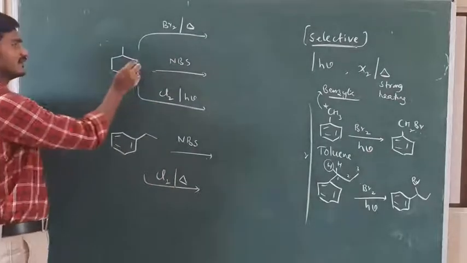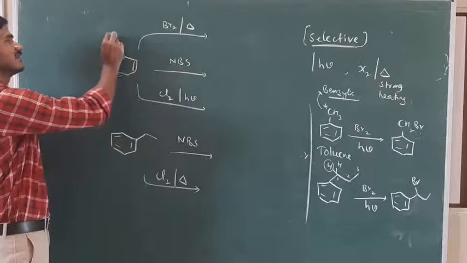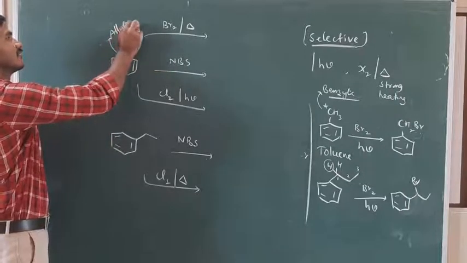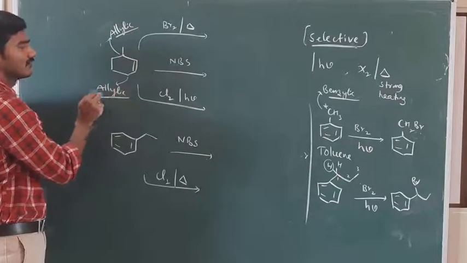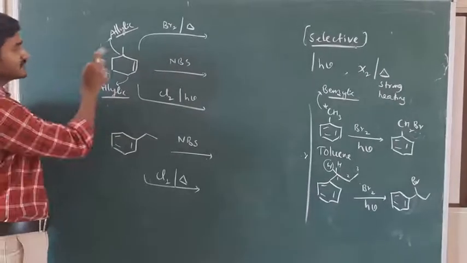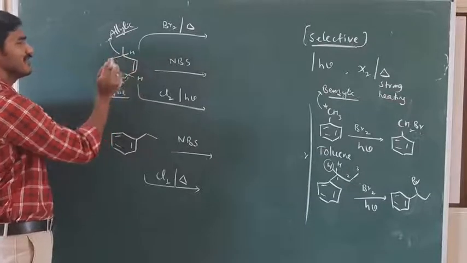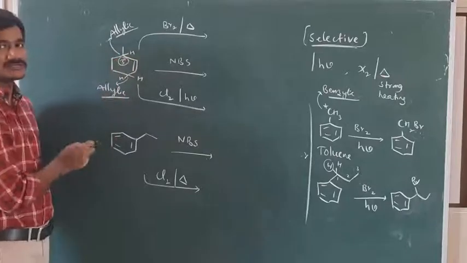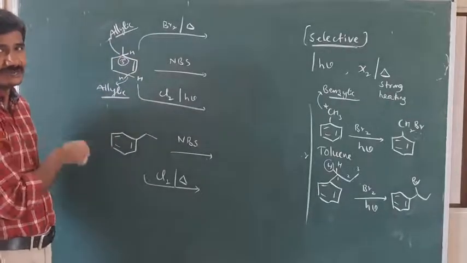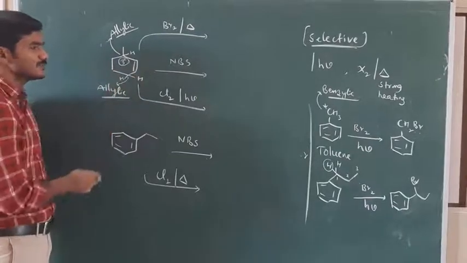You see, we have a double bond here. The carbon adjacent to the double bond is allylic. This is allylic. This is also allylic. Both are allylic, but which one? One has 1 hydrogen, the other has 2 hydrogens. If it has 1 hydrogen, that is a tertiary carbon. Among these 2, which hydrogen can be substituted by bromine?